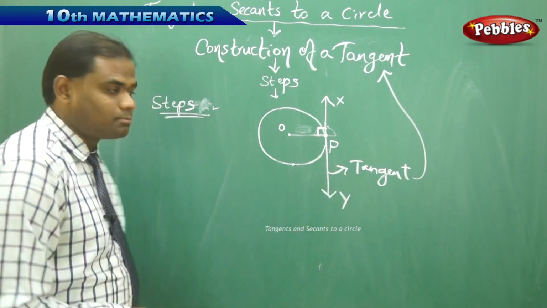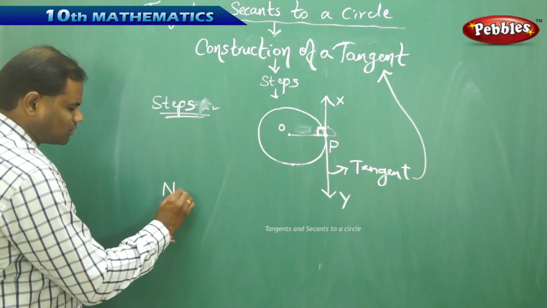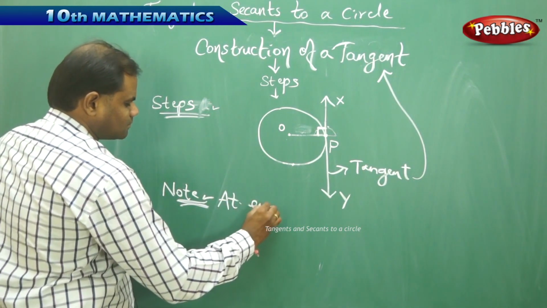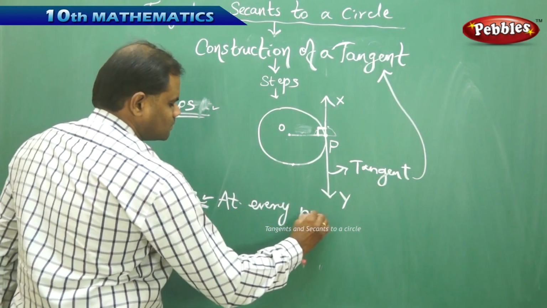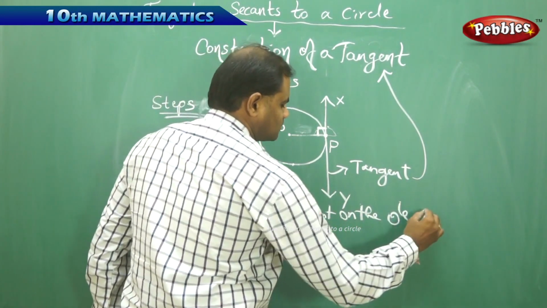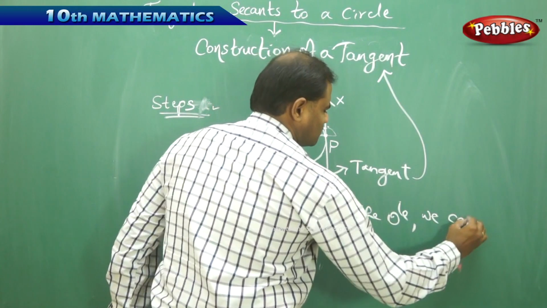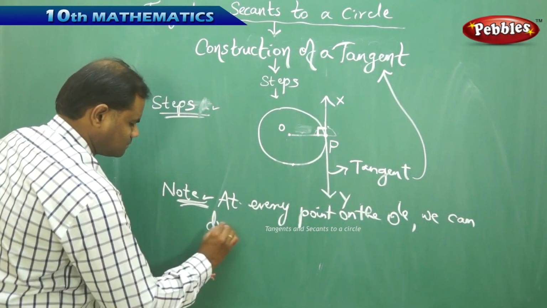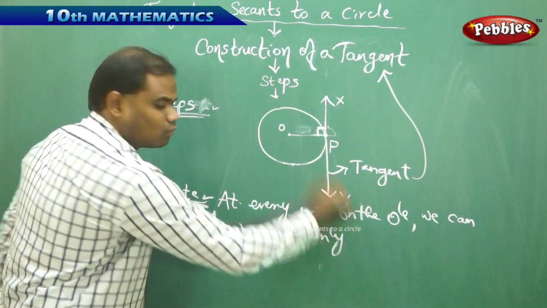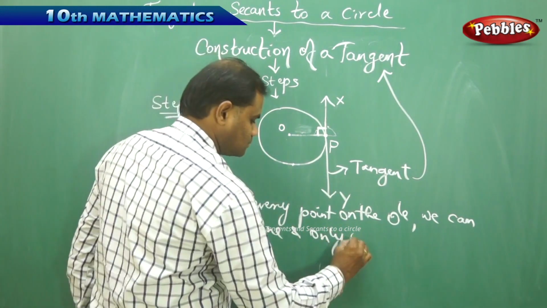So this construction makes me come out with the learning outcome that at every point on the circle, we can draw one and only one tangent to the circle.